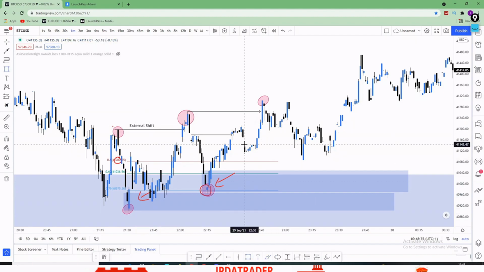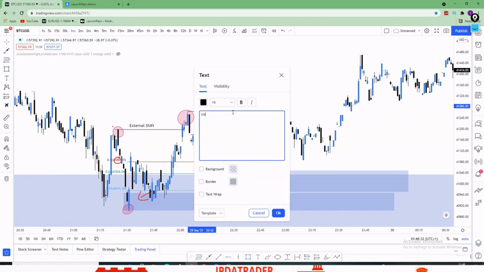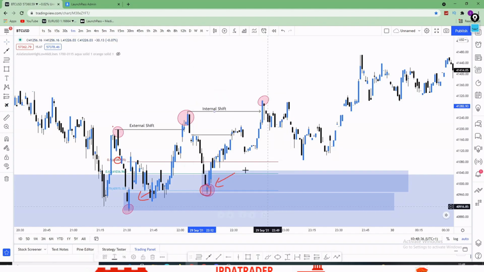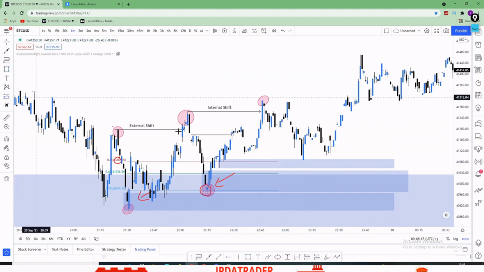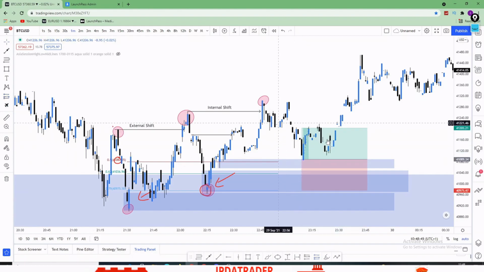So you could have potentially said to yourself, hey, we have an external shift over here, we have an internal shift occurring over here, and now we are valid to look for buys and actually execute buy positions, right? I would have seen this FVG over here. You could have dragged that across, placed your buy limit over here, or executed manually.